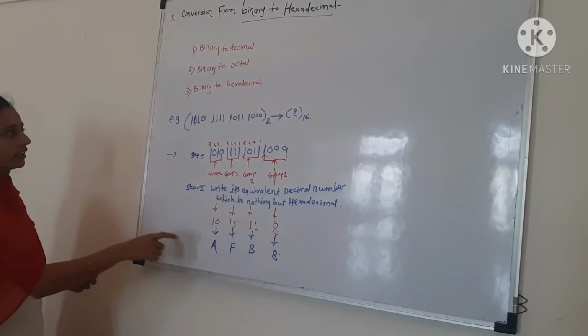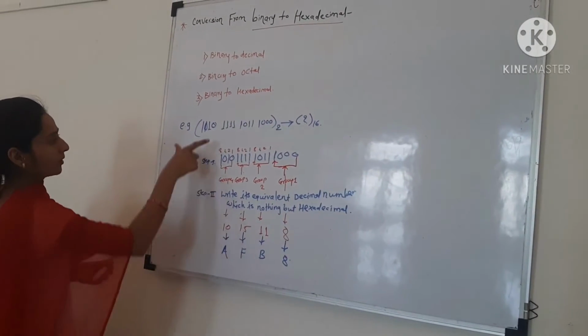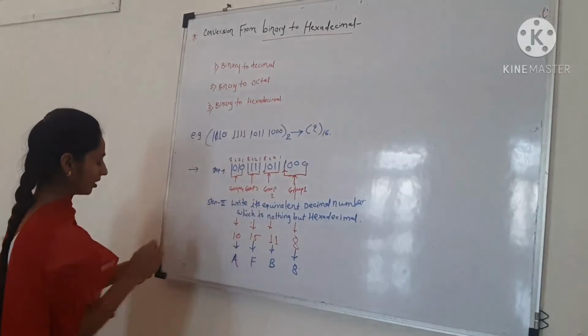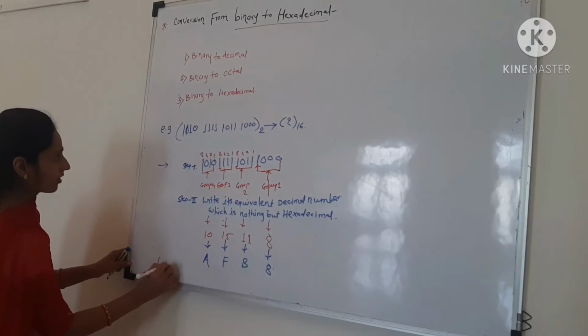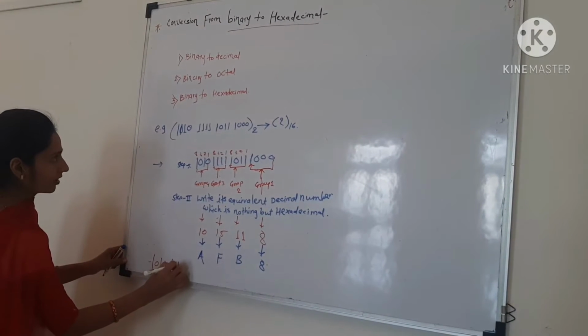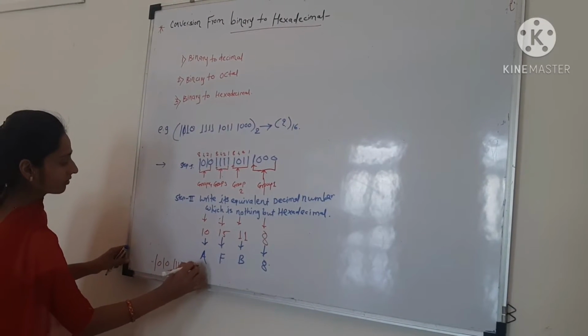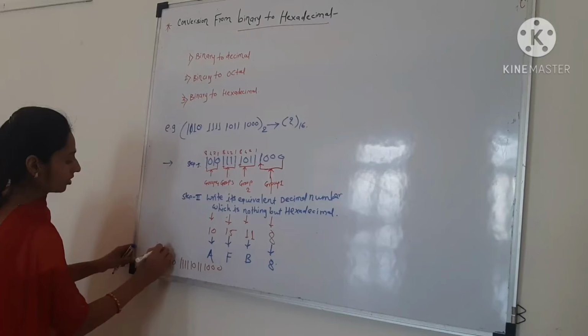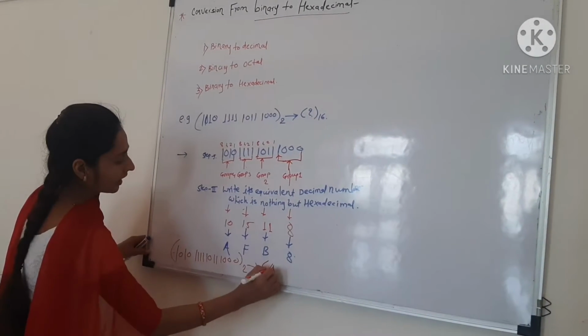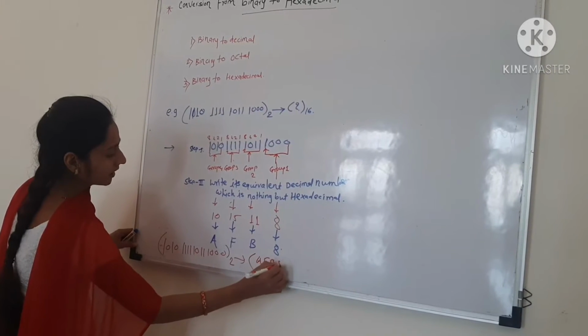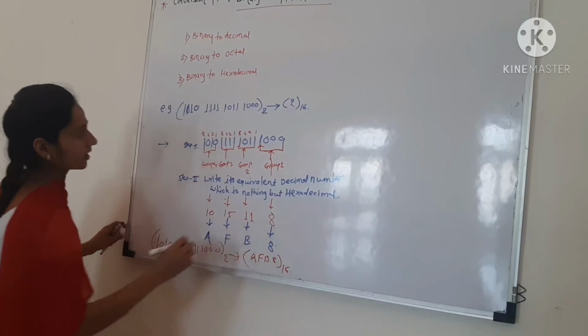This is our answer. The final answer is 10101111 10111000 to the base 2, and its hexadecimal conversion is AFB8 to the base 16.